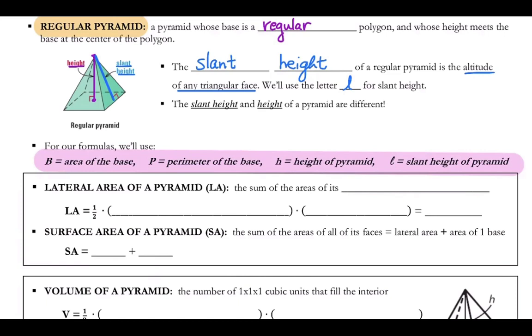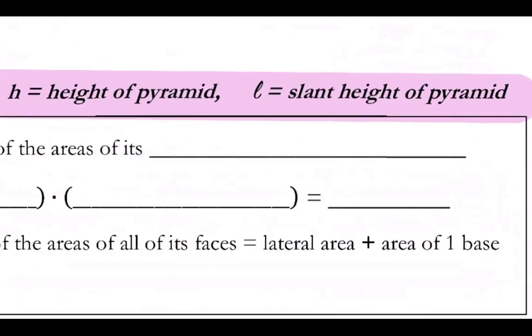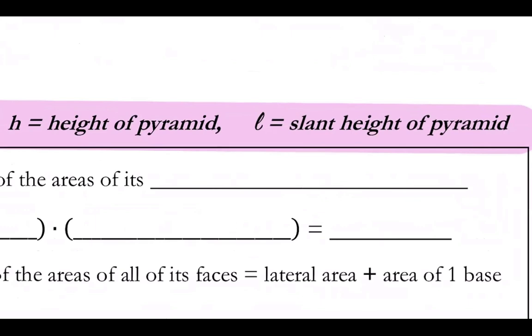So our formulas here for lateral area. The lateral area for a pyramid is just the sum of the areas of its triangular lateral faces.